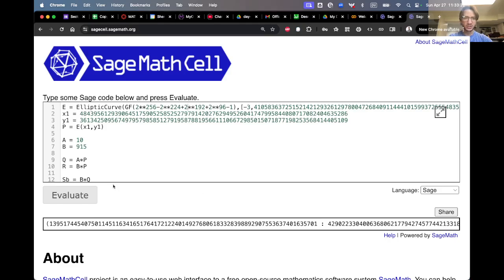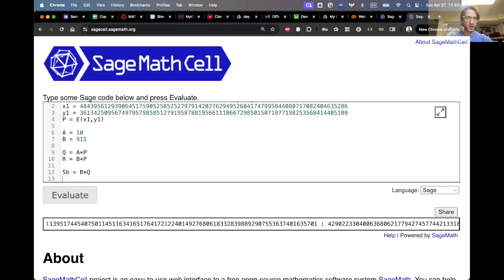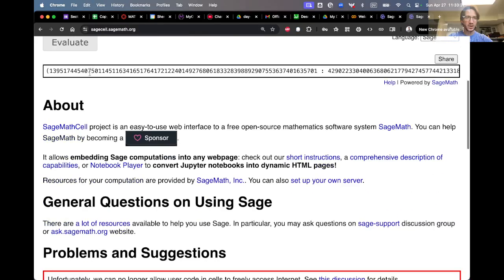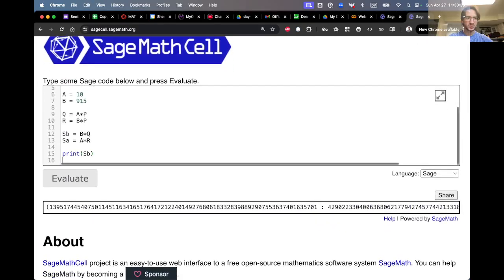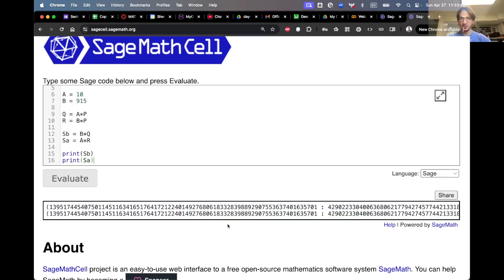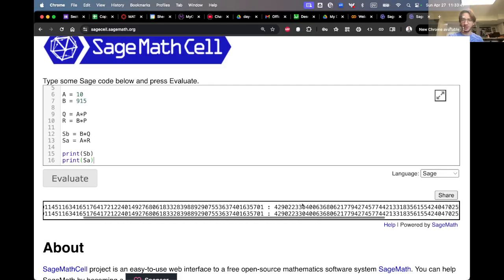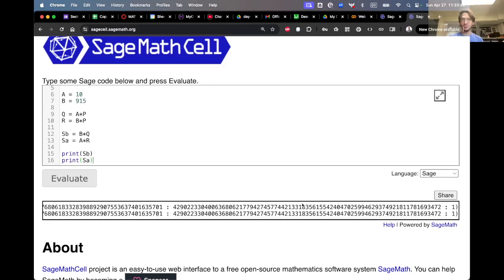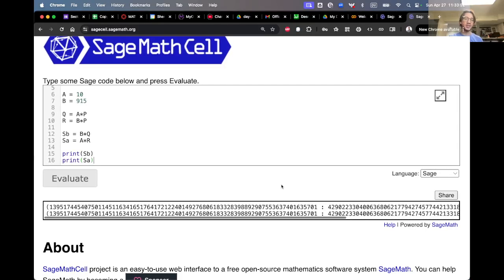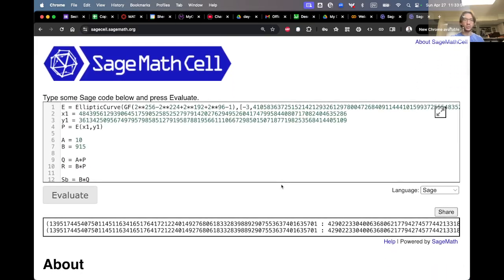So there's the shared secret key from Bob's perspective, and here's the shared secret key from Alice's perspective. And you can see, because they're printed out right on top of each other, that they get the same shared secret key. And again, these are numbers that are really used with modern cryptography.